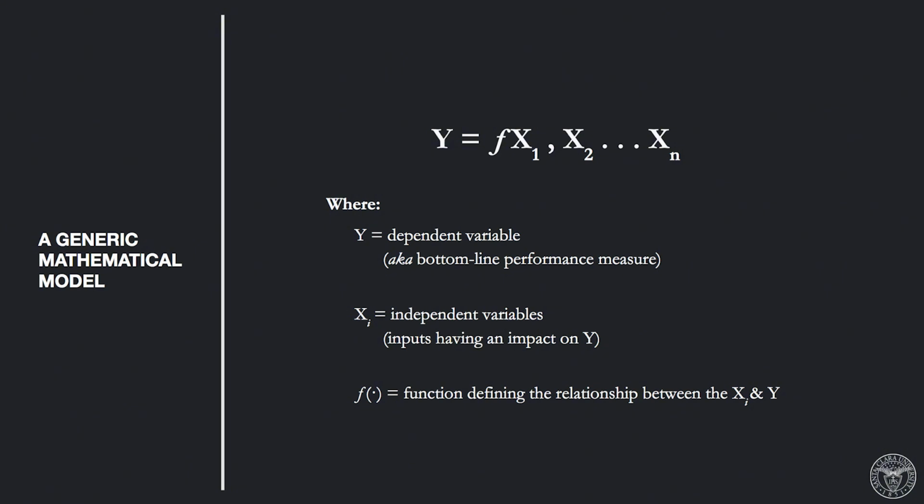Those independent variables typically have an impact on y. In other words, those independent variables change independently by themselves, but eventually they have an impact on the dependent variable. That's another reason we say y depends on those independent variables. And f is the function defining the relationship between the independent variables and the dependent variable.